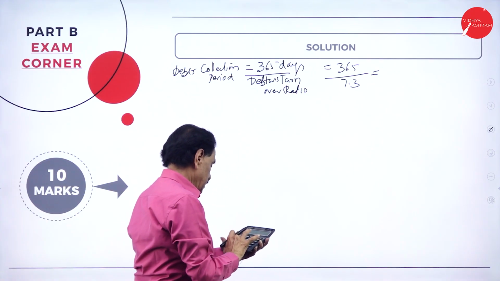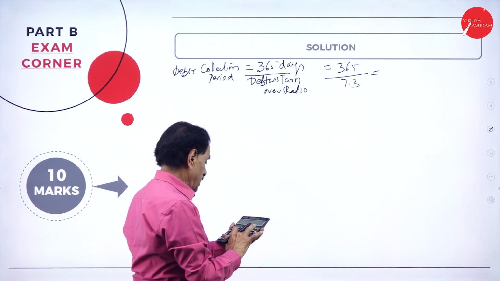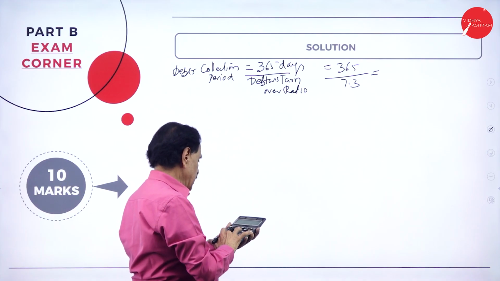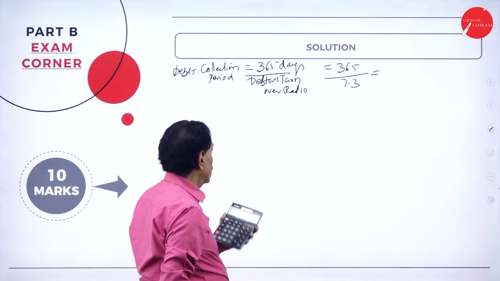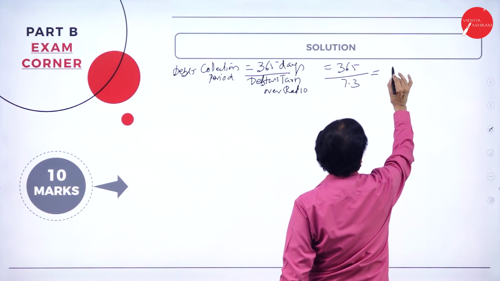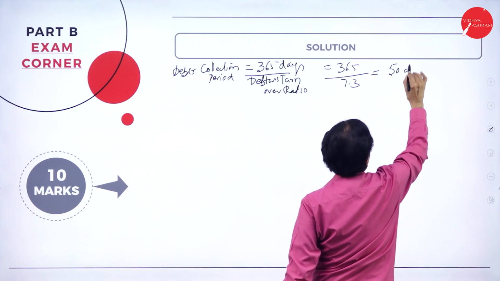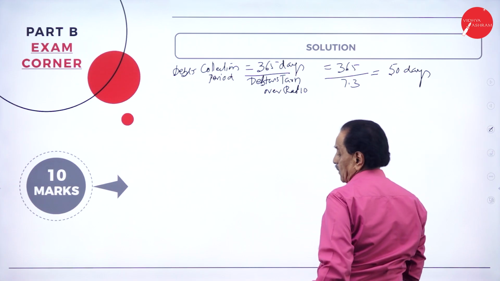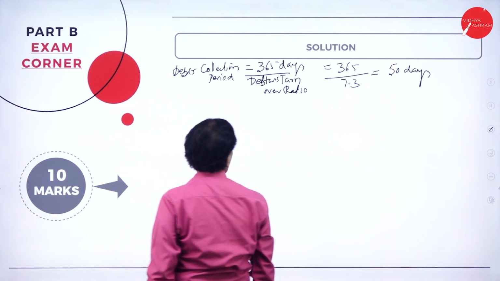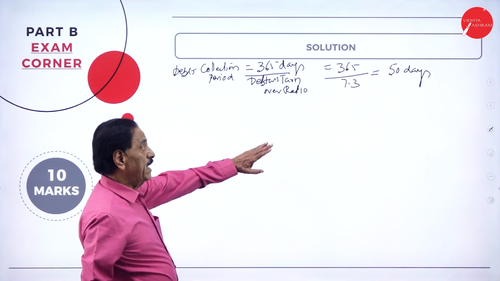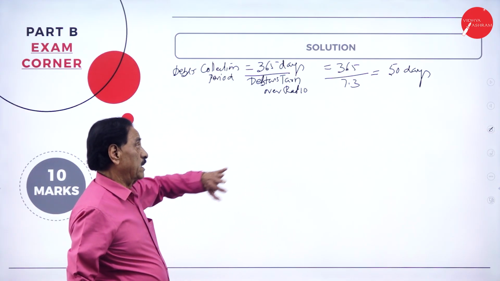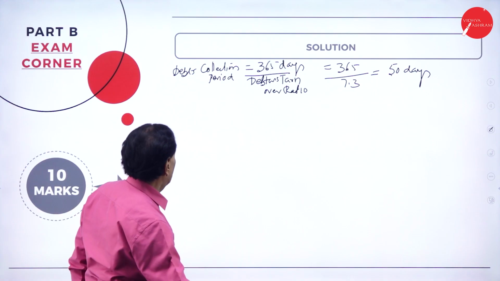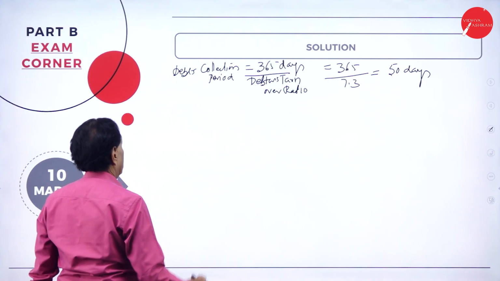That is 365 divided by 7.3. So 50 days. Once in 50 days, they are going to collect the money, in 7.3 days. So this goes in favor of debtor turnover ratio.